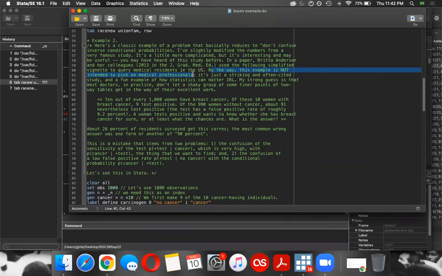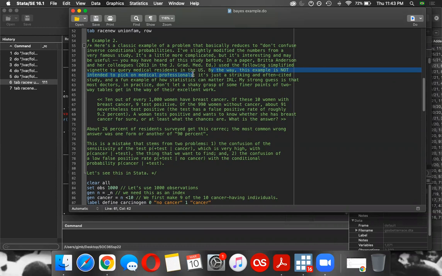I also wanted to make this secondary point. Well, two secondary points. One, I'm sure in any comparable field where people are probably expected to understand some kind of basic statistics, maybe that's not always super well understood. Doubtlessly, that's true in every field that people are coming up short in some ways. And it's true in my field, it's true for me plenty of the time. My secondary point was that I'm sure in practice, a lot of medical professionals are not really letting this maybe shaky grasp of some of the finer points of two-way tables get in the way of their excellent work.